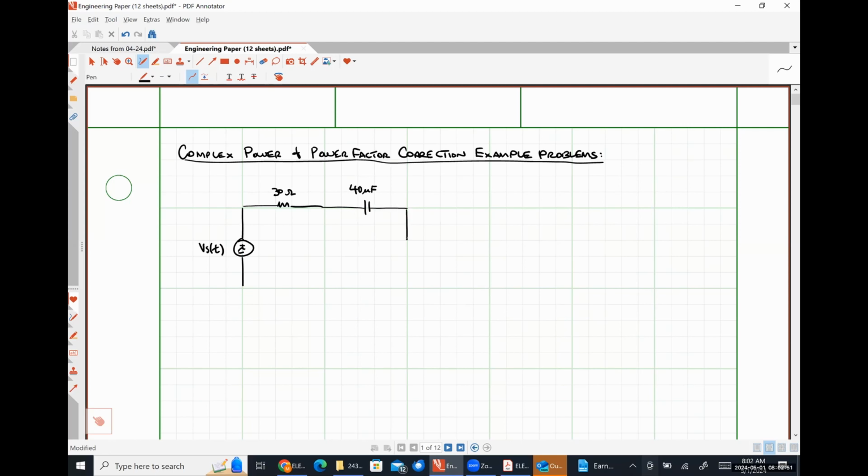We have a 60 millihenry inductance here, and I'm going to call this current Ix of t.